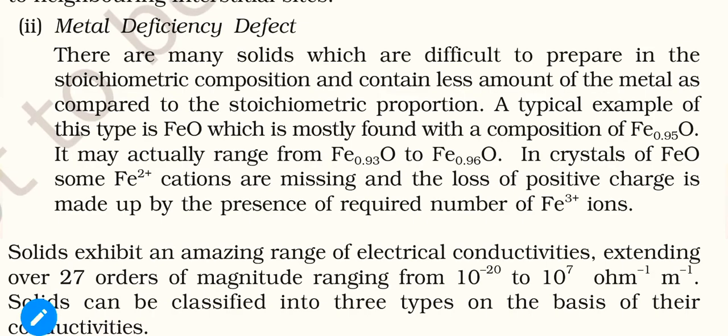For example, one common example is FeO. Ferrous oxide usually does not follow the stoichiometry rule. Per 1 Fe plus 2 you should get 1 O minus 2 as per stoichiometry, but in most cases the quantity of metal will be comparatively lower than the standard stoichiometric ratio.